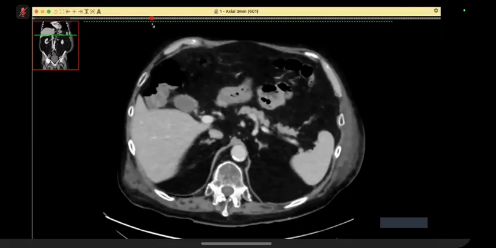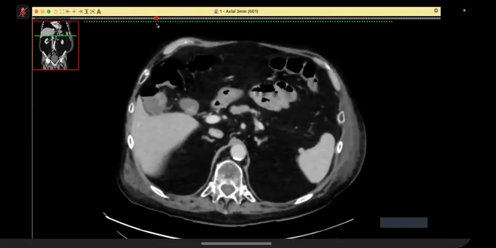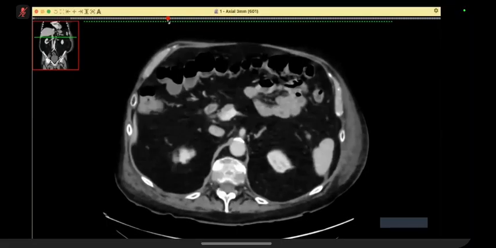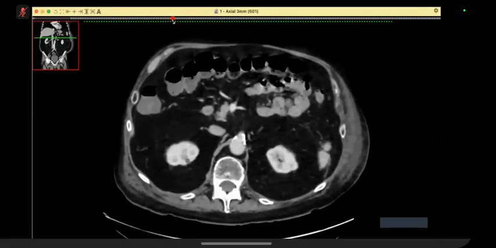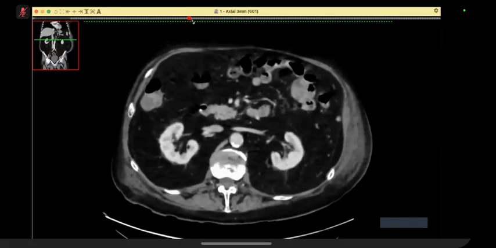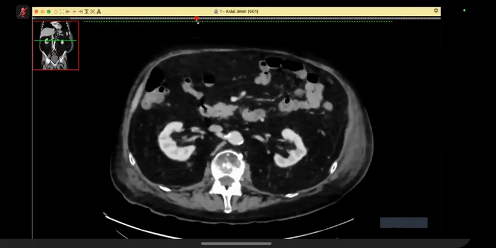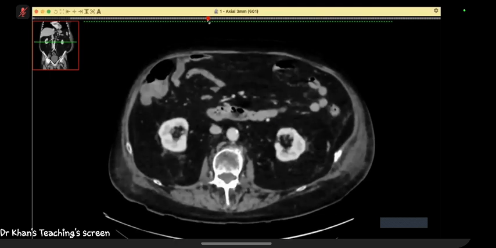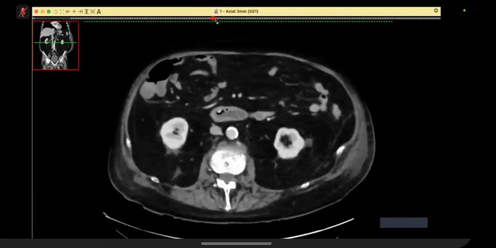The spleen shows no collection or any focal lesion. I'm looking at the kidneys and the bowel loops now. They are a bit shrunken in size with perinephric fat, but that would be expected at this age.